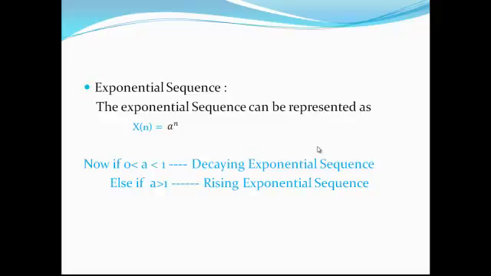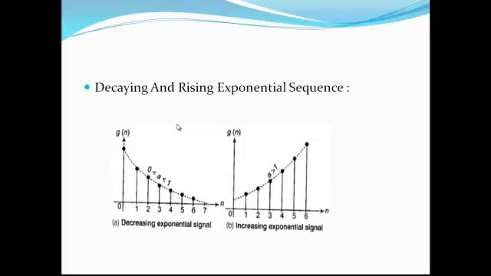An exponential sequence is denoted by x(n) equal to a raised to the power n. Now there are two types of exponential sequences. One is the decreasing exponential sequence, and another one is the increasing exponential sequence. You get a decreasing exponential sequence when a lies between 0 and 1.